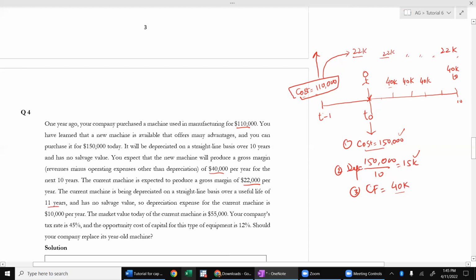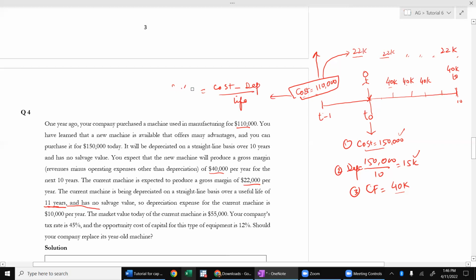And the old machine was bought last year and it has a useful life of 11 years and has no salvage value. Means after the end of its expiry, there is no salvage value. So the depreciation expense for the current machine is 10,000. So if I calculate its depreciation, it is cost minus depreciation divided by life, which will be the remaining value or the book value. Sorry, we will calculate it later.